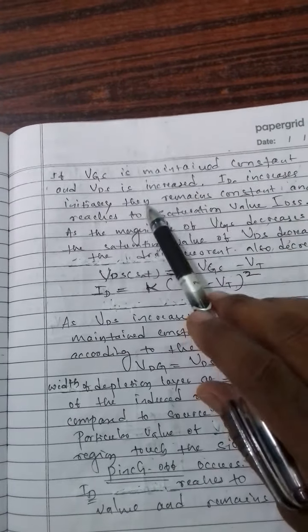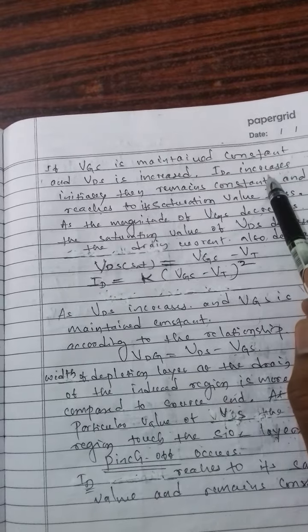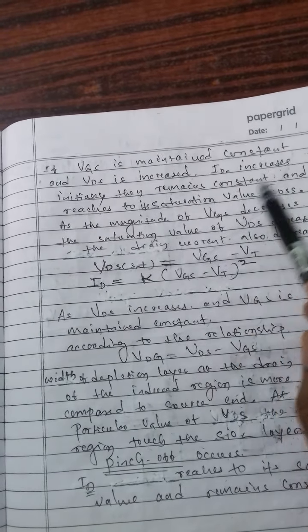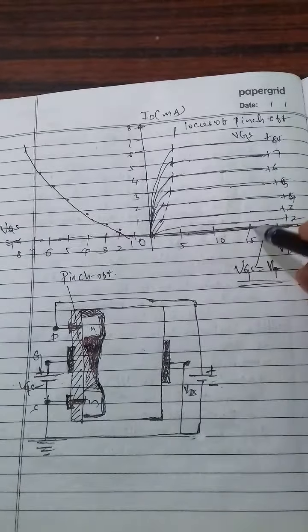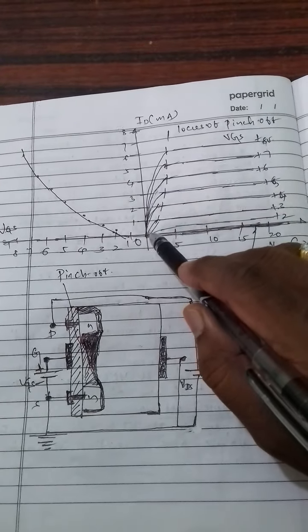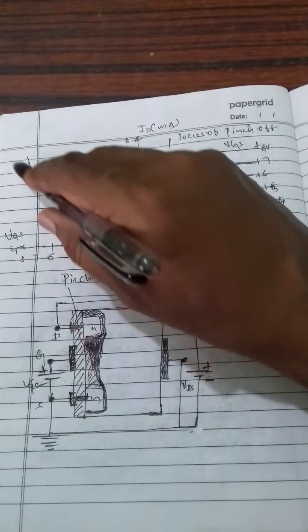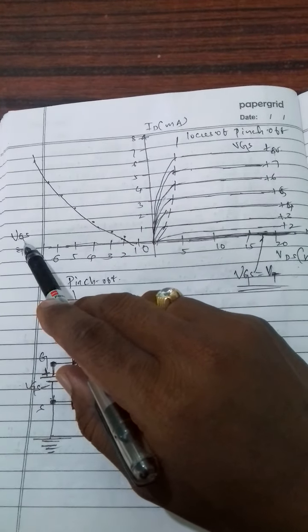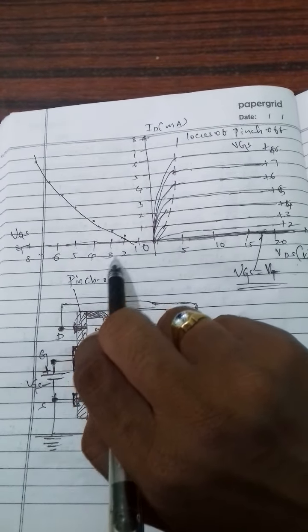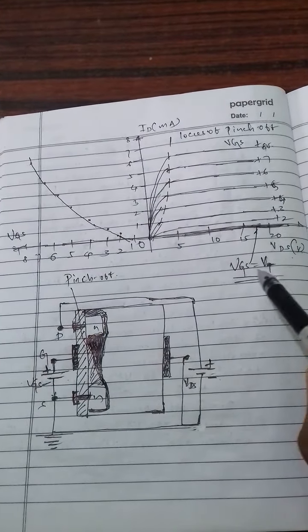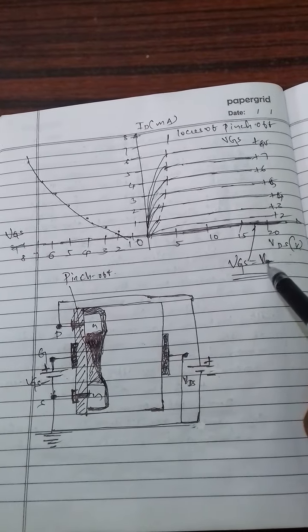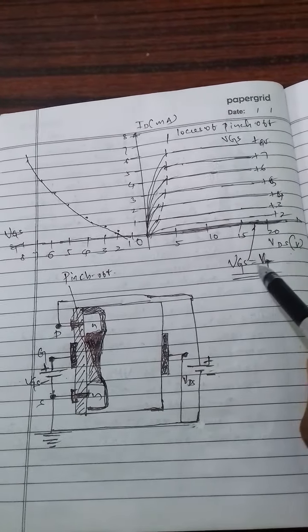VGS is maintained constant and VDS is increased, ID then remains constant. VGS is equal to threshold voltage.